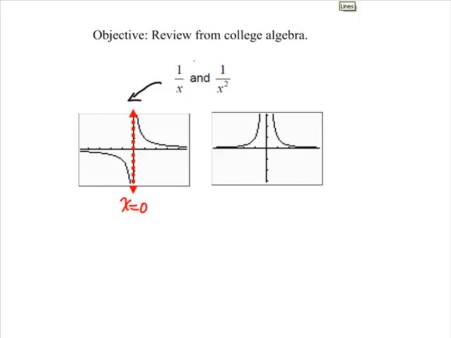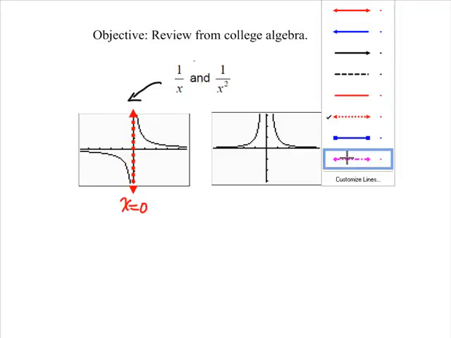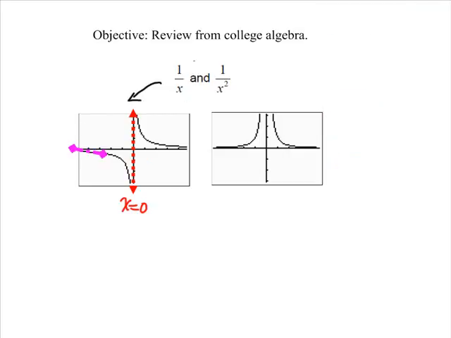And there's also a horizontal asymptote, and that occurs at the line y equals 0. Okay, so in fact our domain of this basic 1 over x was negative infinity to 0 union 0 to infinity. That is, the graph extends to the left of 0 and to the right of 0 indefinitely, but does not cross the vertical line x equals 0.